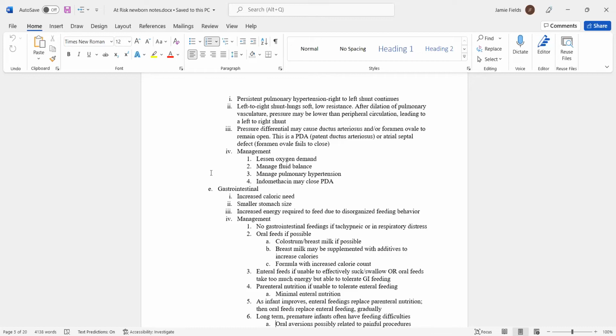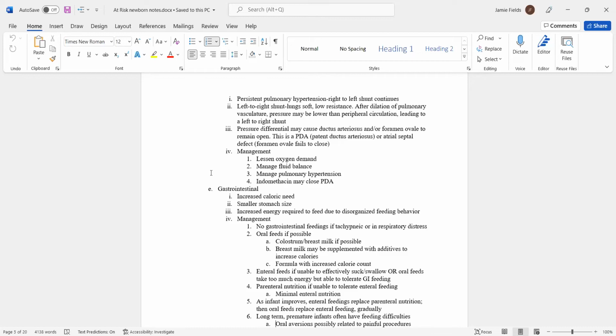If they don't get that breath in, the lungs don't inflate. What else? They don't have the vessel dilation, because if their oxygen level never goes up, those vessels don't dilate. The vessels stay constricted. So they'll maintain a right to left shunt. So that can happen sometimes.